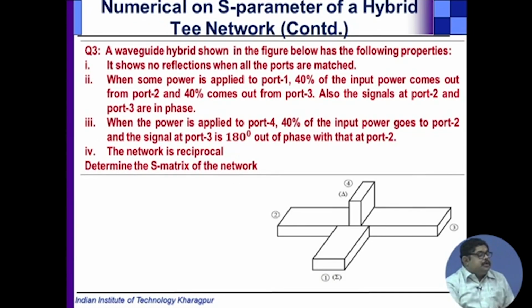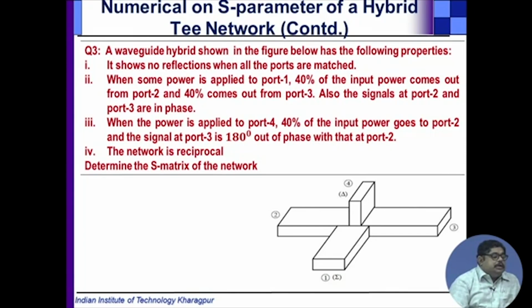Now, let us come to a magic T problem. It is said that it shows no reflections when all the ports are matched. When some power is applied to port 1, 40% of the input power comes out from port 2 and 40% comes out from port 3.